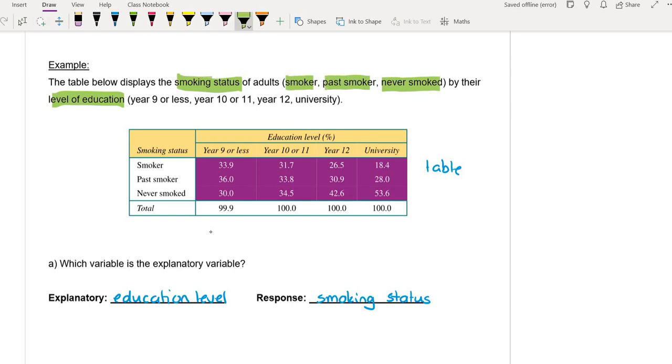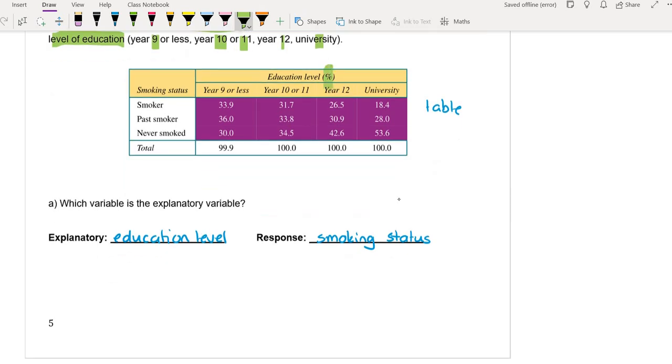For each one, there are multiple categories. For level of education, there are all of these, and for smoking as well. And as you can see, this is all put together into a percentages table. From here, right away, because we're given this table, we know that the EV has to be up here always. So education level is the EV, and this is the RV, which is the smoking status.